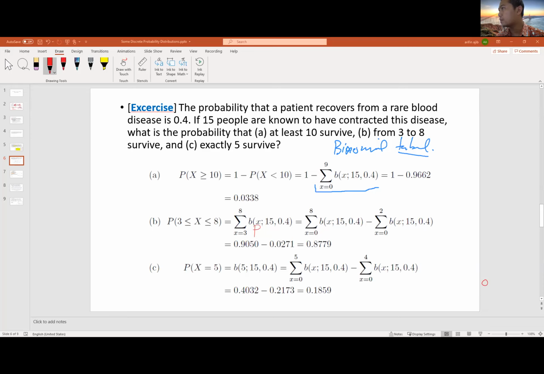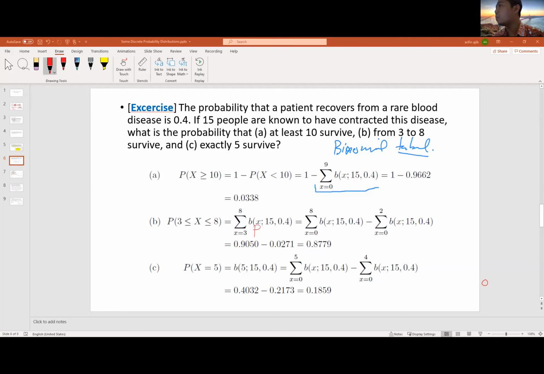Standard normal. Wait a moment. I have to check the book for the table. Binomial p is something. It seems to be correct, but binomial probability distribution.